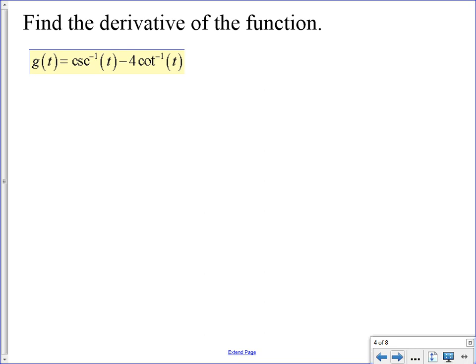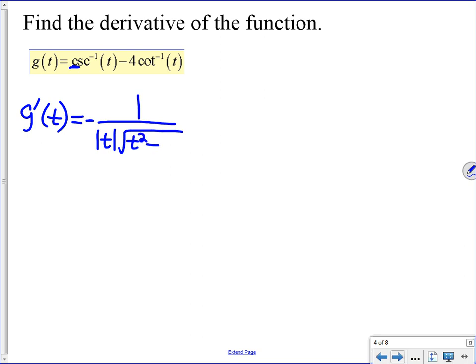All right, so if we want to find g prime of t, we're going to start with the derivative of inverse cosecant of t. So that would be 1 divided by the absolute value of t, and it would be negative because it starts with a c. So negative 1 divided by the absolute value of t times the square root of t squared minus 1.